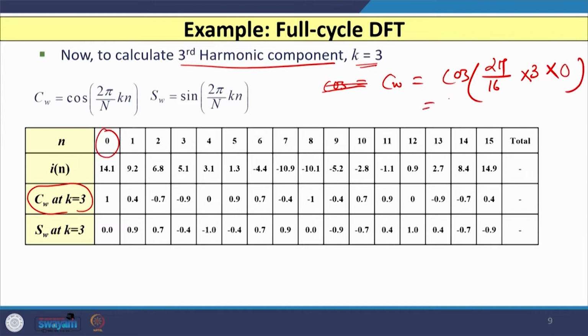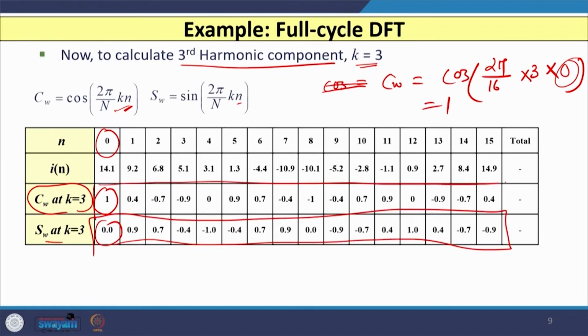So, cos of 0 is 1, and S_w is 0. Similarly, you can have the other values by varying the value of n, putting them in the equations of C_w and S_w, and you will have all the values of C_w and S_w for different values of small n.